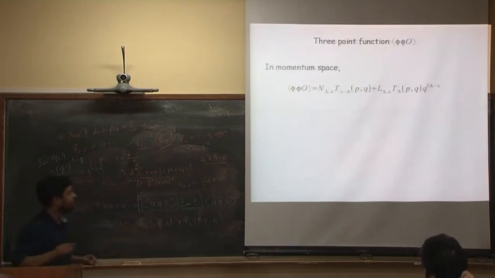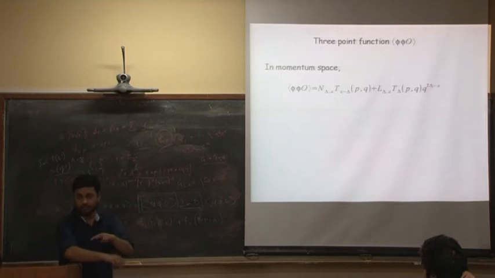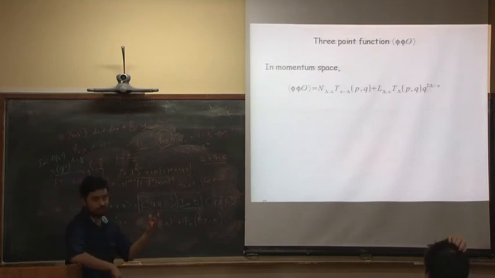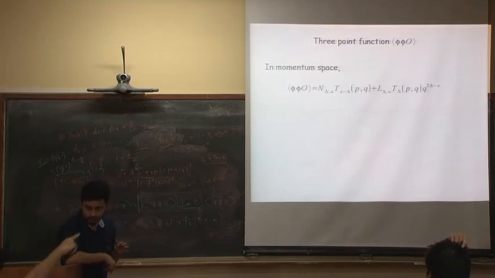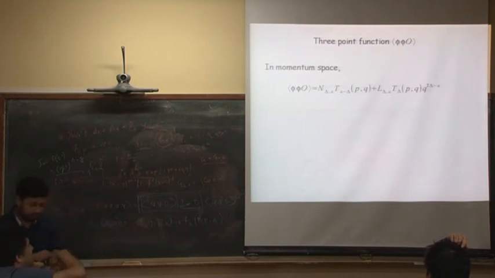I'm just saying that if you consider the phi phi o in momentum space, by Fourier transforming from the position space, you will get two contributions, and you're choosing one of the two for some reason. We're not understanding why. I'm just trying to identify which part of the phi phi o in the momentum space is giving me the discontinuous part. But as Gautam was saying, the discontinuity was on q, I thought.